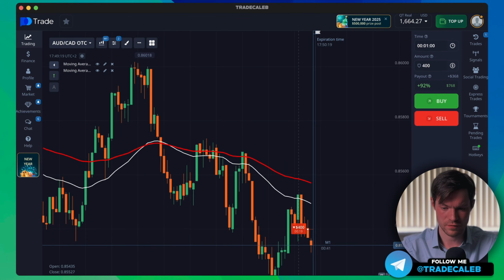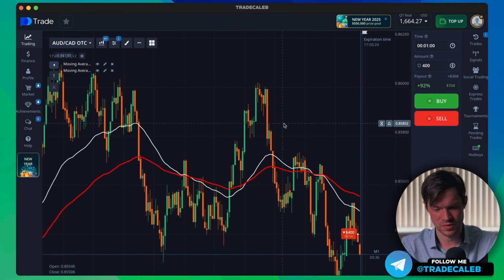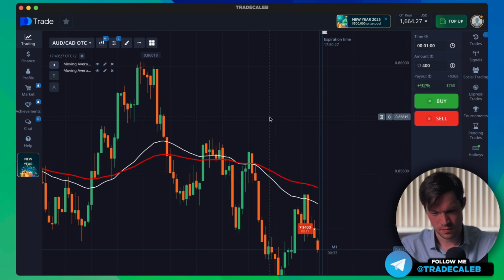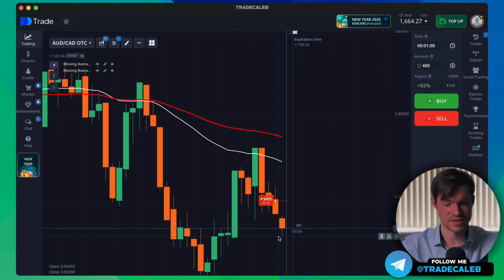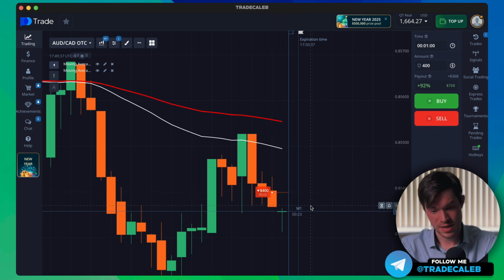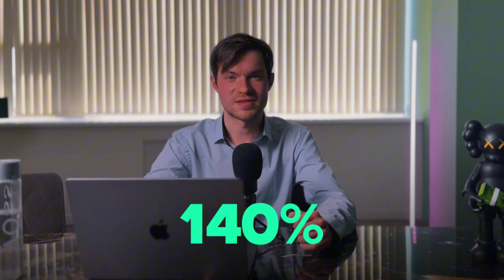We have a profitable signal, but I'm going in for the next one because I realize that most likely this downward movement will continue here. There is no such tight sideways movement, so we don't break our basic rule. We trade most often in the trend direction, and as you can see, in a second we will get another profit. More than 140% pure profit we made in the short 10-minute video.